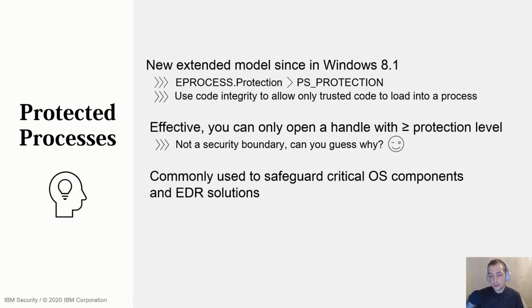And as we know already, if you're an administrator, getting into the kernel is not a security boundary. So by implication, protected processes are not a security boundary. And as we explained already, these are commonly used to safeguard critical OS components and EDR solutions.